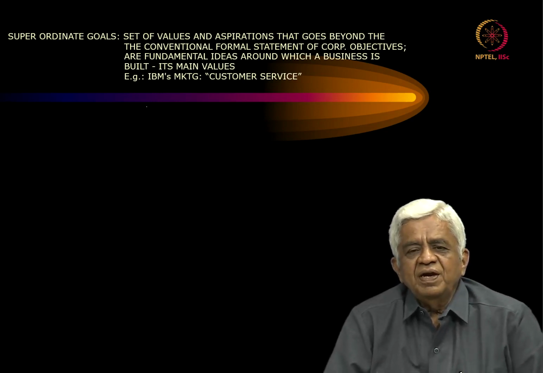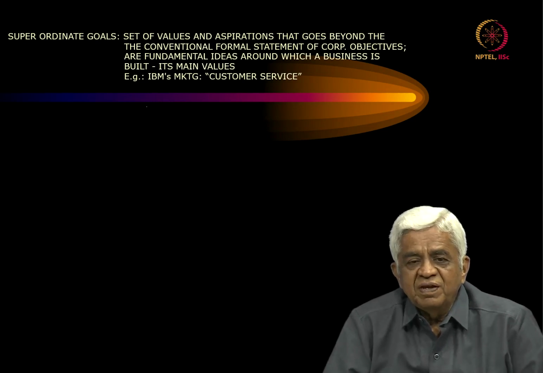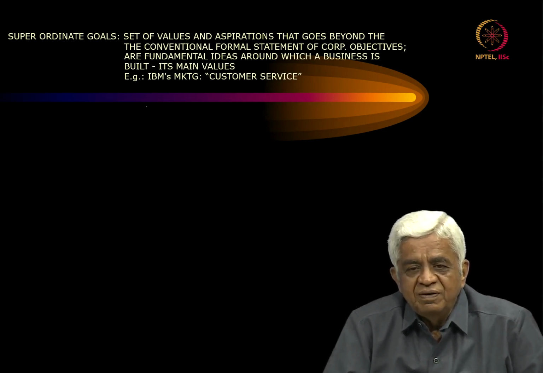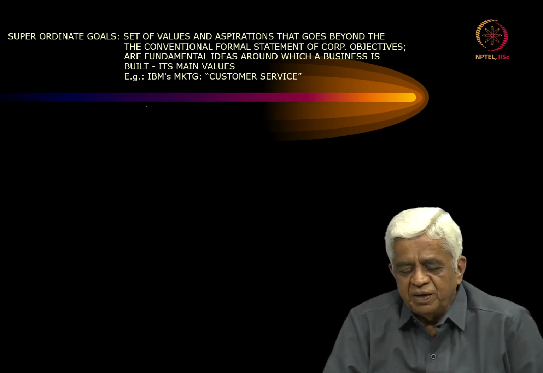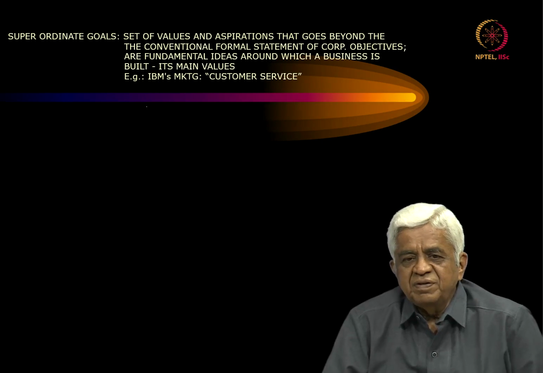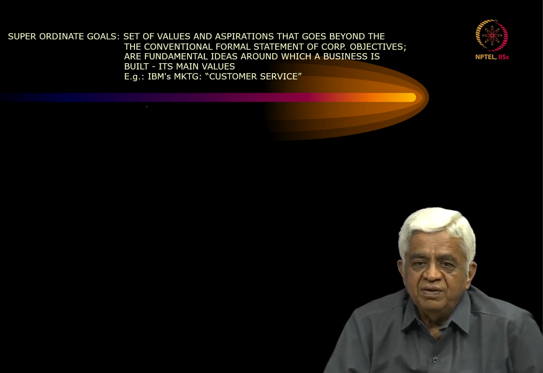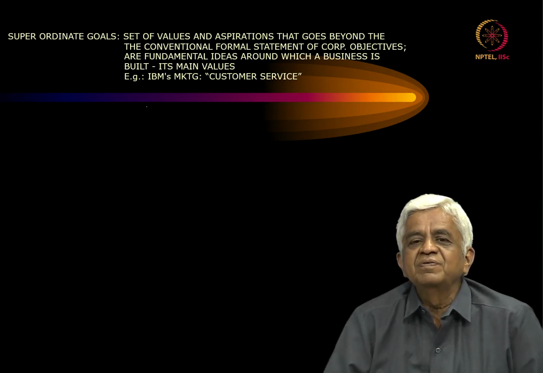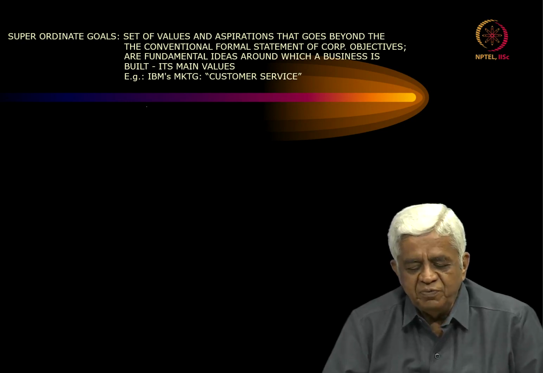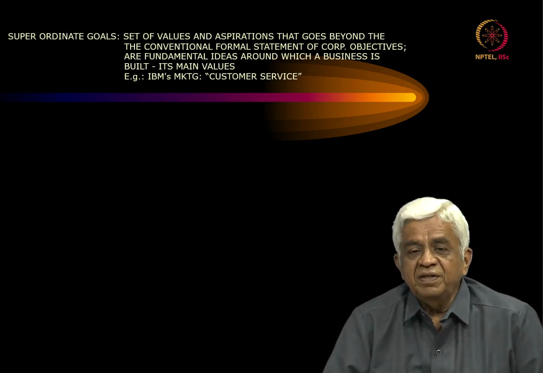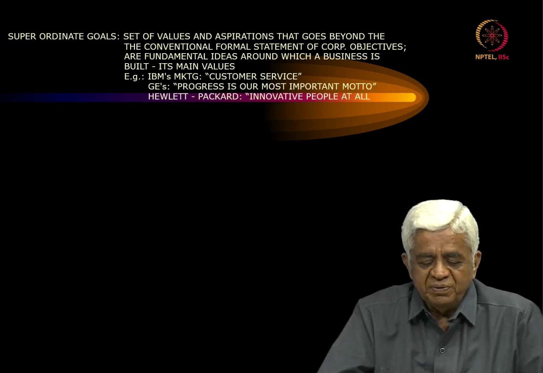But when you are looking at IBM within, this customer service means a lot. Anything happening with respect to their product, by customer service they mean that it should be attended to anywhere in the world within 24 hours. Not many outside IBM will know this, but that is what customer service stands for with respect to IBM.